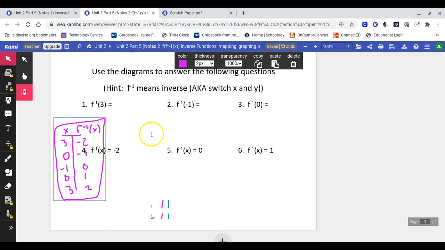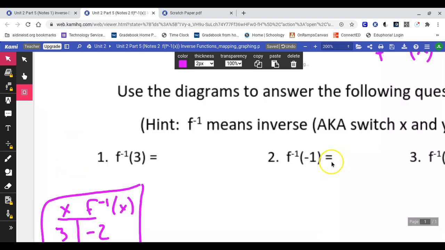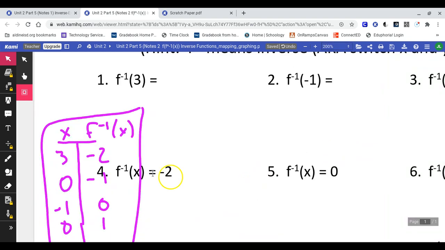All right, so the first one says f inverse 3. So whatever's in the parentheses is what I'm looking for in my x column. So if the 3 is in the parentheses, I'm going to find where that number is in the x column, and I'm going to copy down the number that's next to it.